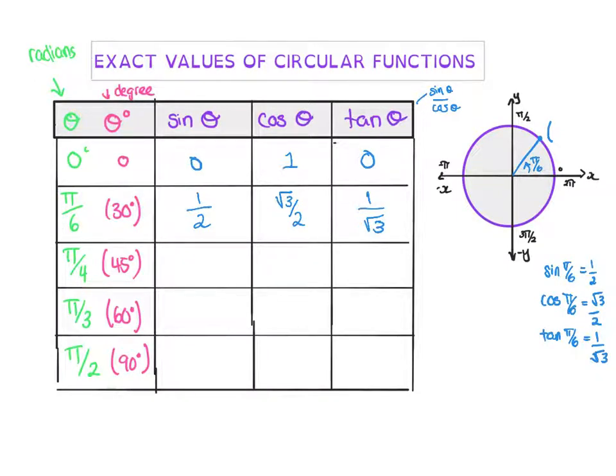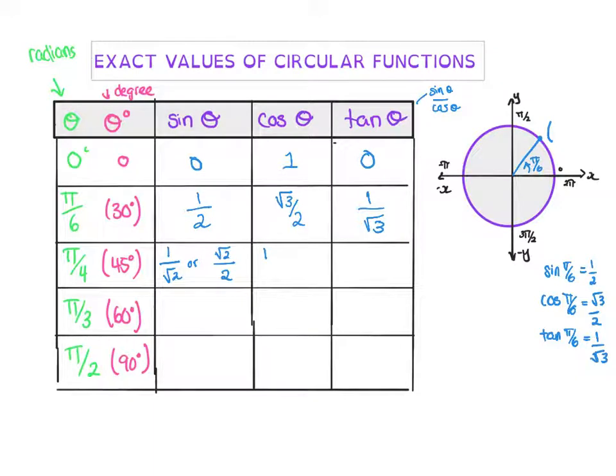Now, if we've moved up pi on 4, or a quarter, which is 45 degrees, and you plug that into your calculator, sine pi on 4 equals 1 over square root 2, or that can be written as root 2 over 2, if you rationalize this fraction. So it could be written either way, and you can remember it as either one.